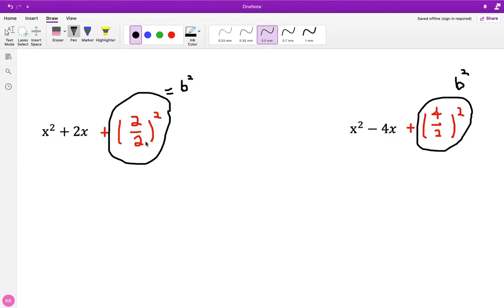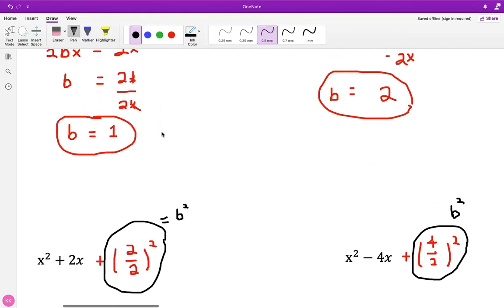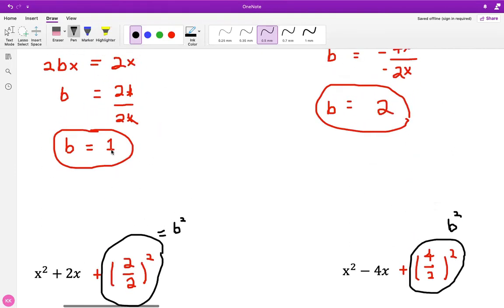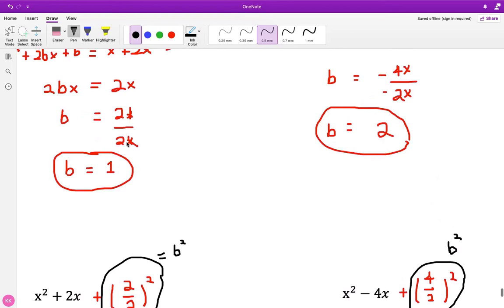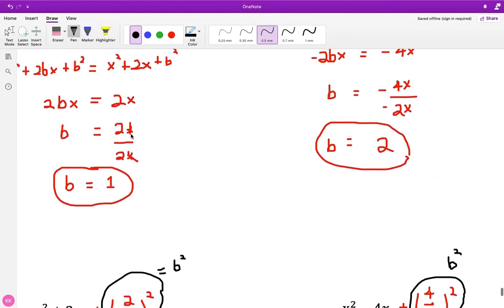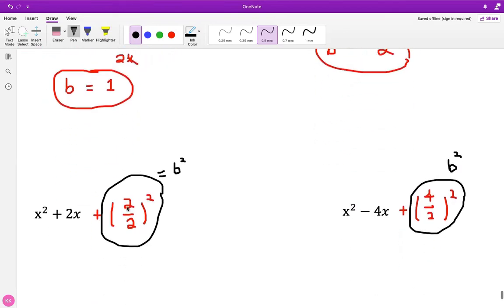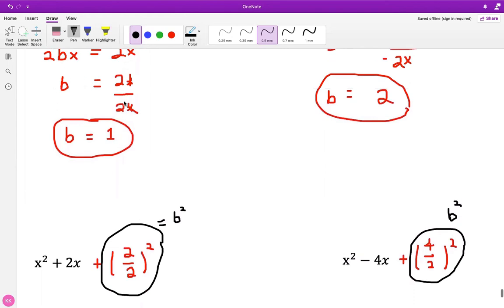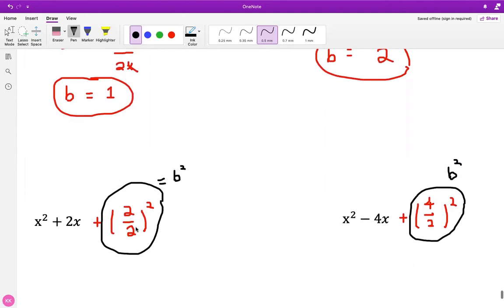So why is that? Why do we need to divide it by 2? Basically, this term here is b squared. We just figured out this one, right? So basically b equals 2x over 2x in this example. The x will be cancelled out, and that's why I got b equals 2 over 2, and I replace the 2 over 2 here, and I get the complete square.